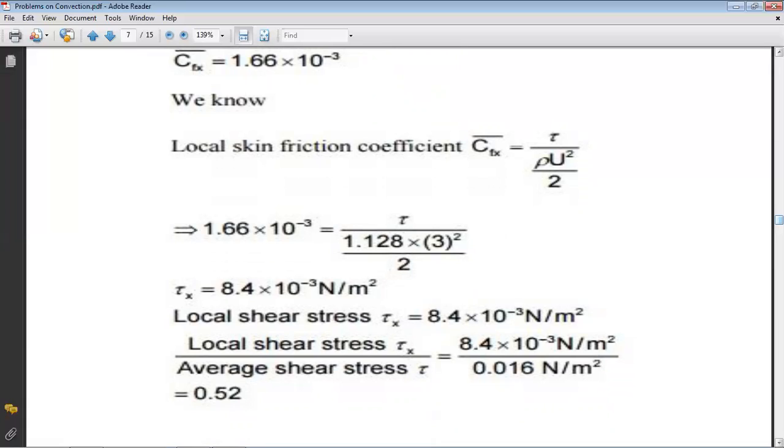The local shear stress is smaller compared to the average shear stress, and if you take the ratio of these two, you will have a value of 0.5. It means the local shear stress is half of the average shear stress. With this, I will stop here. Thank you.